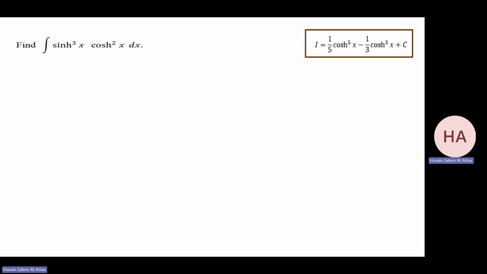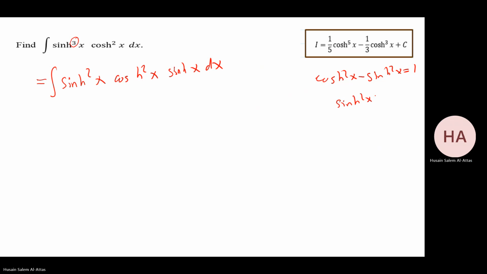The odd ones, I will deal with the odd ones. The same idea. So that will be sinh squared x cosh squared x sinh x dx. Now I know cosh squared minus sinh squared is equal to 1, so sinh squared will be cosh squared minus 1.